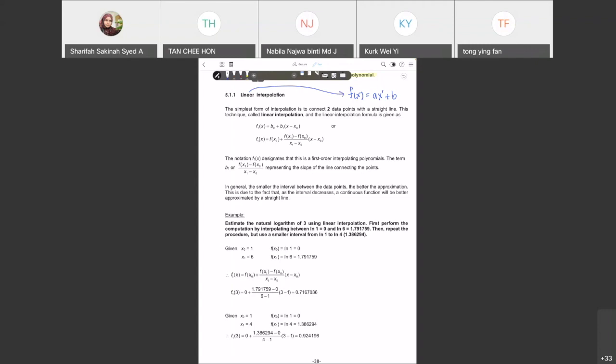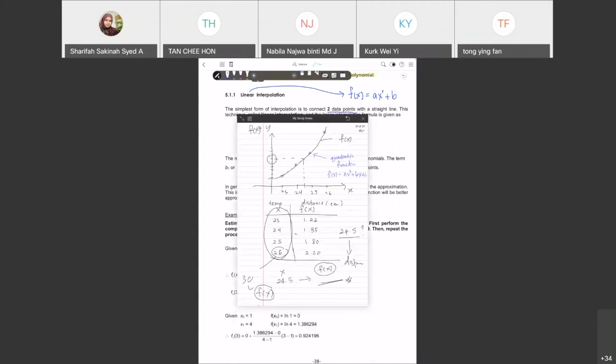Okay, so the simplest form of interpolation is to connect two data points. If we have linear interpolation, we just need to use only two data points. Get to the example here. In this case, how many data points do I have? I have 4 data points. To use linear interpolation, I just need 2 data points.